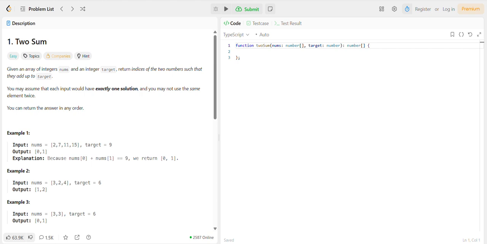So we are given an array, as I can see, and then we have a target, and now we have to find two numbers that sum up to this target, right? Now there are two ways to do it, of course.